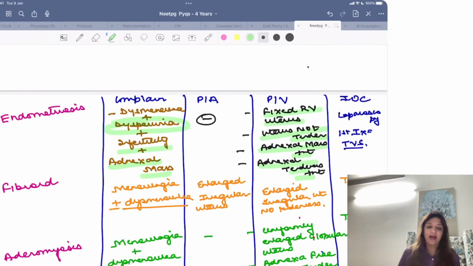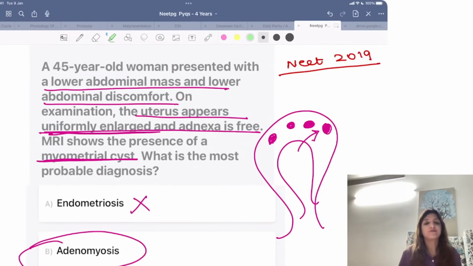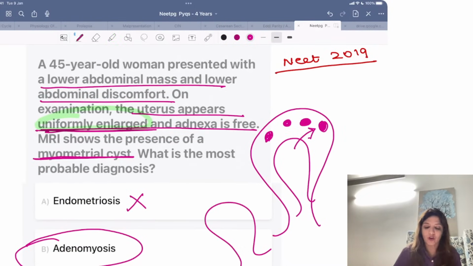ultrasound, right? Now, why is it not a case of fibroid? In case of fibroid, again, patient can come to you with lower abdominal mass and discomfort, but uterus will not be uniformly enlarged. Uterus is irregularly enlarged. Why irregularly enlarged? Because fibroid will be on one side of the uterus, right?